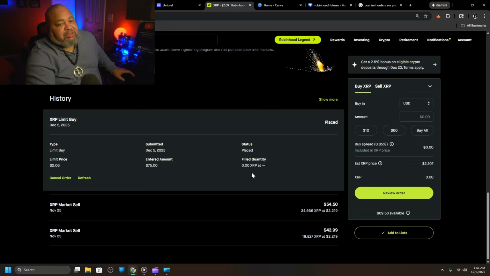Remember, it doesn't execute until the price reaches that $2.06. Now, understand, the funds are not going to be available for you to sell, even though they're still out there on the app. We entered $75. This is what we have available. This $75 is locked up until that order fills or is canceled.